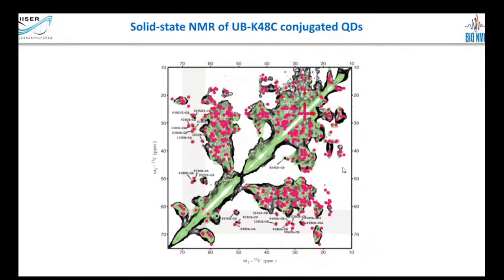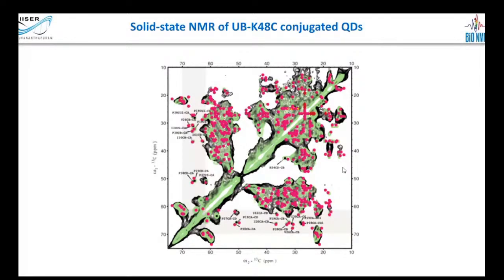You can also combine protein and quantum dots, and this is an experiment that we have done with these dots. These are protein signals, and the green and the red, the black ones are the solid state NMR of the protein conjugated to the quantum dot.